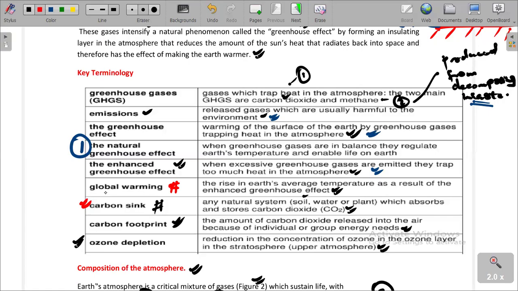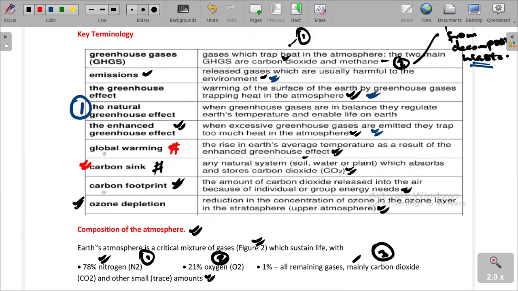Therefore, we call that carbon footprint. It's a footprint, considering that from January to December, there has been a variation in the amount of carbon produced. So that amount of carbon produced, we relate to as carbon footprint, as it is calculated as a total for a period of a year.